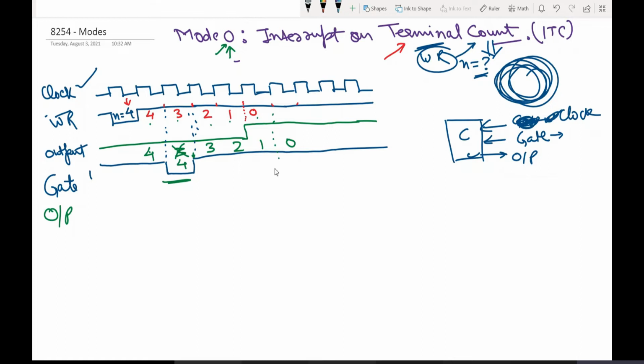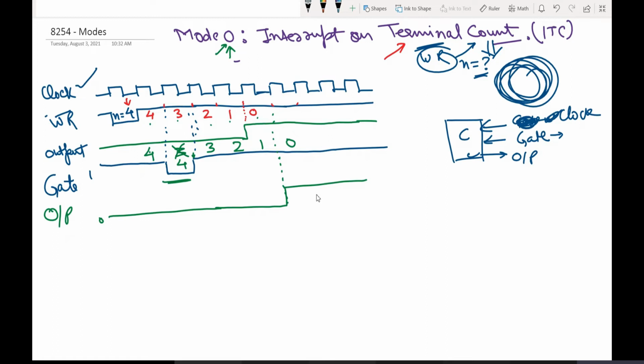So what happens here is, till the time gate is low, the counter will not be operational. It will not be doing what it is supposed to do. That is your decrement part. Fine. So how the output waveform will change? So initially output is low. Earlier it was at this point, but now it has been shifted by one pulse.